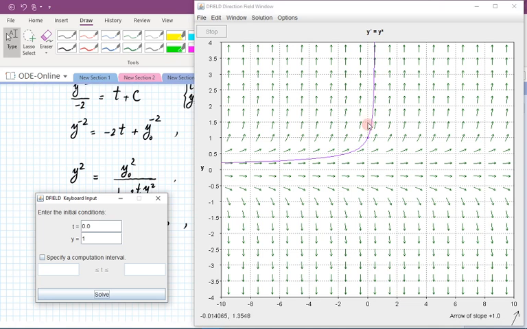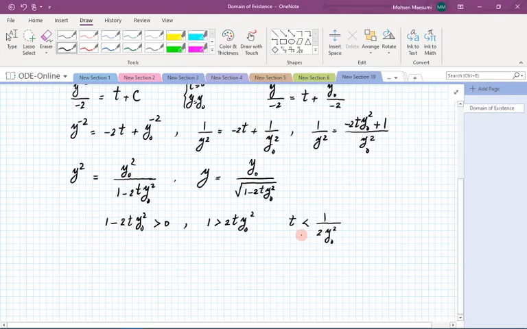That the domain of existence is from minus infinity to t of 1/2. Is that what we have here? Well, yes. Here we said that if y0 is equal to 1, our domain of existence, this inequality means we go as far as 1/2.